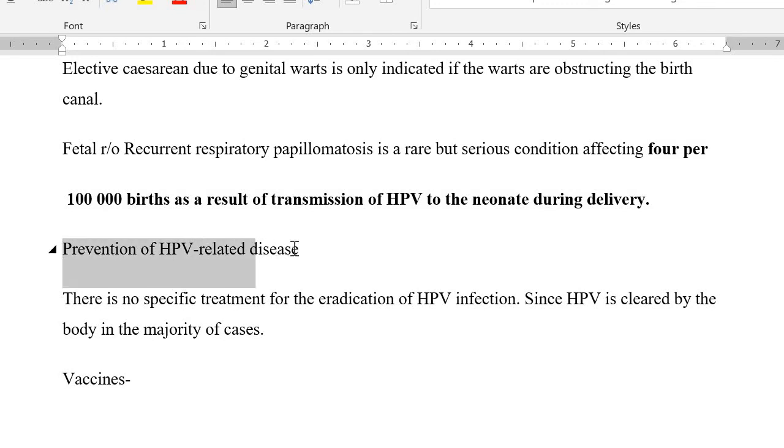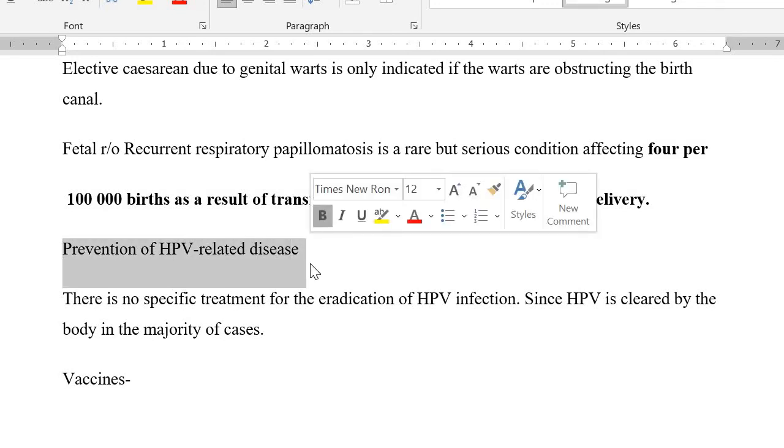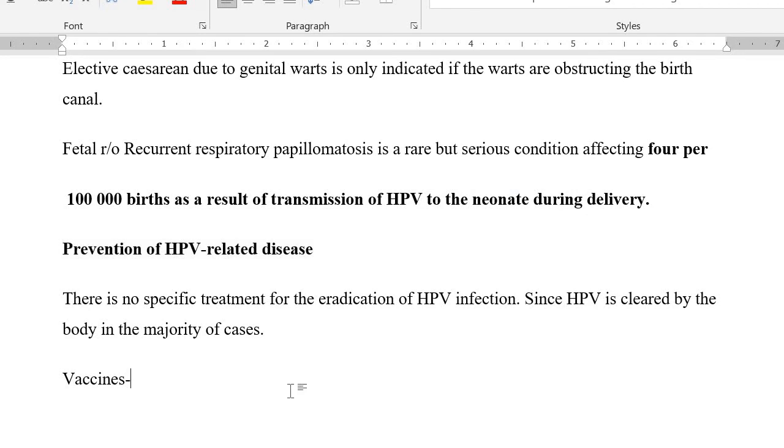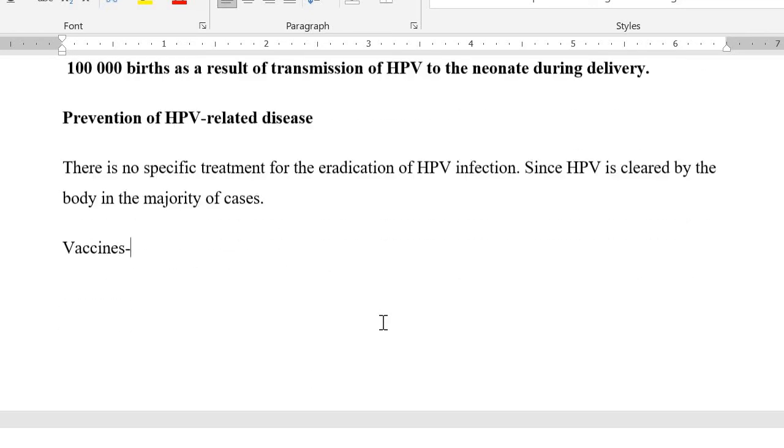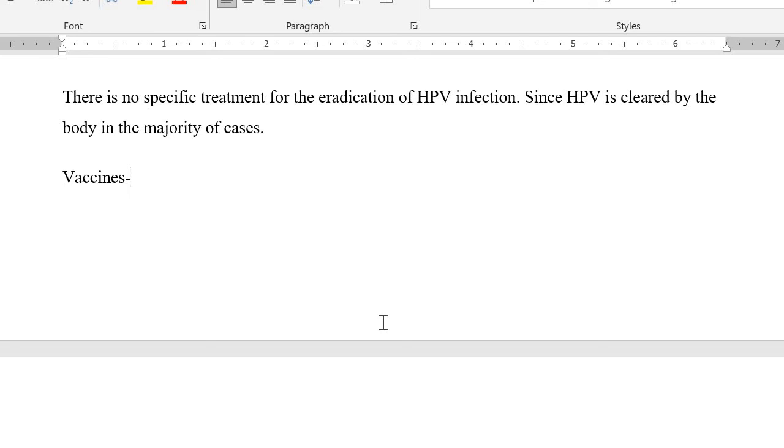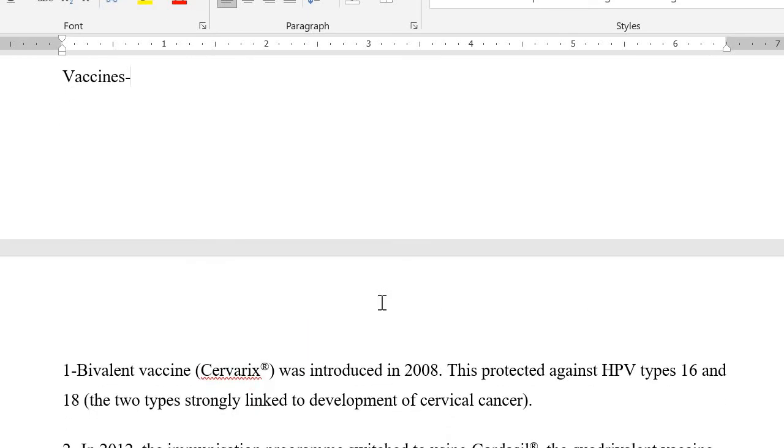Then the question is, can we prevent HPV related disease? There is no specific treatment available for eradication of the HPV, because if a person has normal immunity, it is cleared from the system within 2 years. So we can give the vaccines.